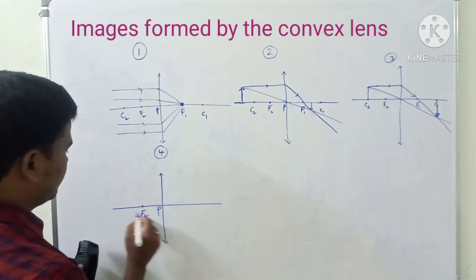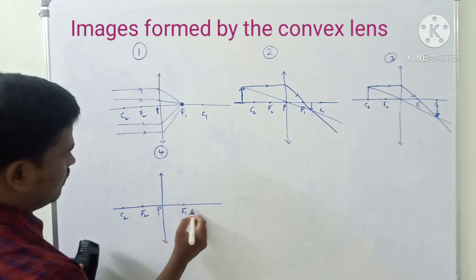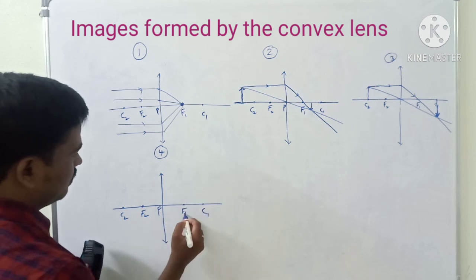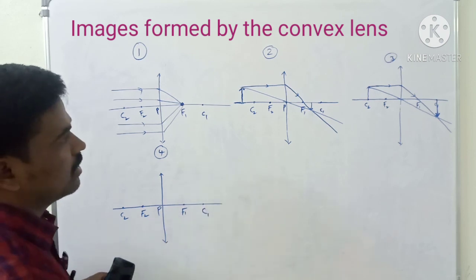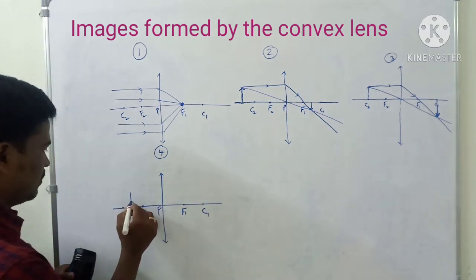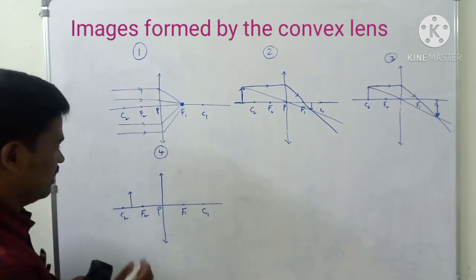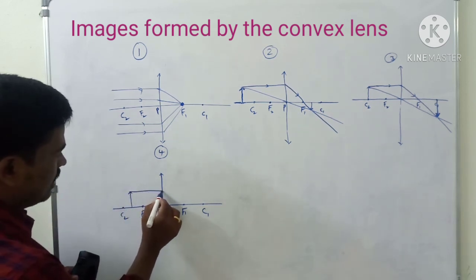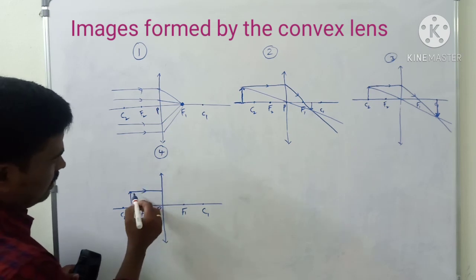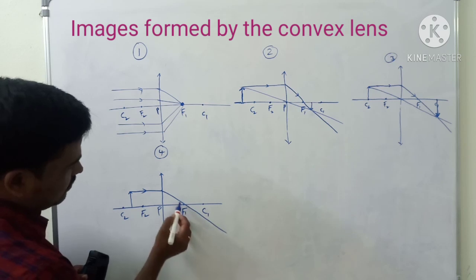Here it is F2, C2 and F1, C1. Now I am drawing when the object is between C2 and F2. We have to draw only two lines from the head. The parallel line goes to converge at the focus. This is the first line I am drawing.